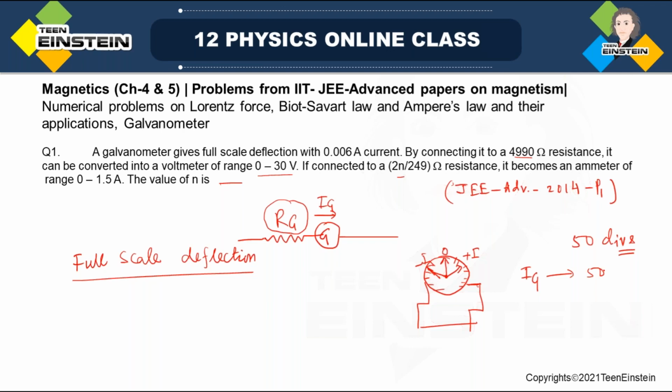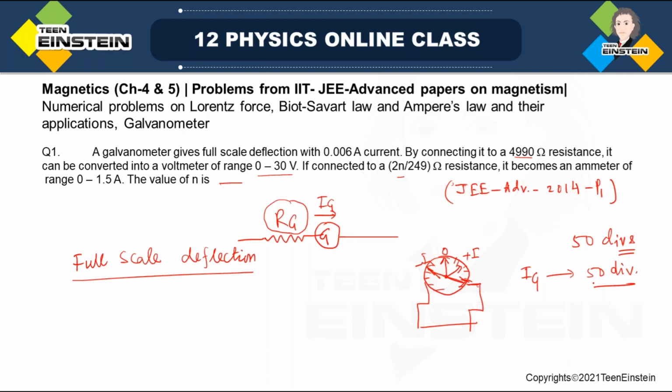That means all the divisions will show. Suppose this is the 50th division here, somewhere here, so it will show the maximum deflection. So the current corresponding to full scale deflection: if the galvanometer has 50 divisions, there will be a particular current for which the pointer will show a deflection of up to 50 divisions.